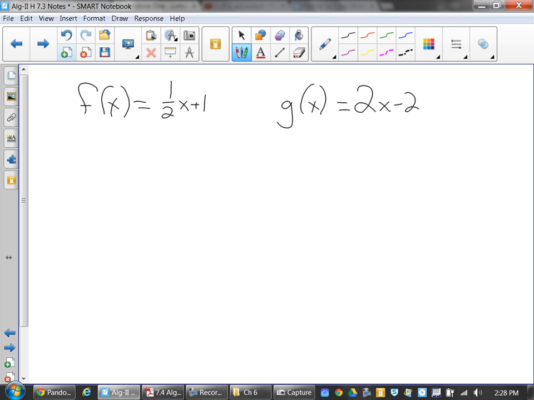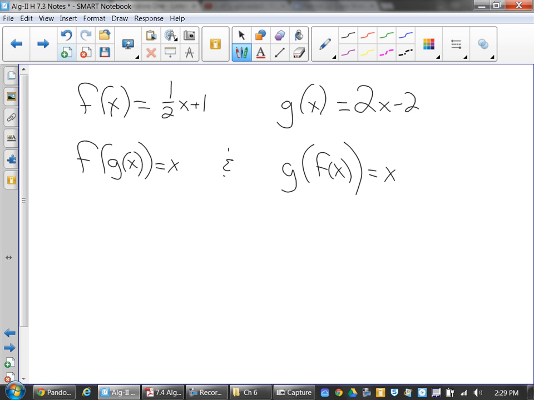So all I'm going to do here is check, does f of g of x equal x and g of f of x equal x? And like I was saying earlier, it's a lot of direct substitution. So if I start with f of g of x, I write down the g of x equation.